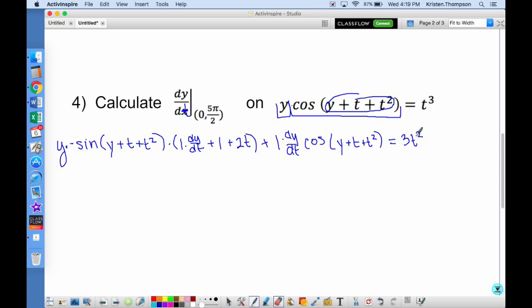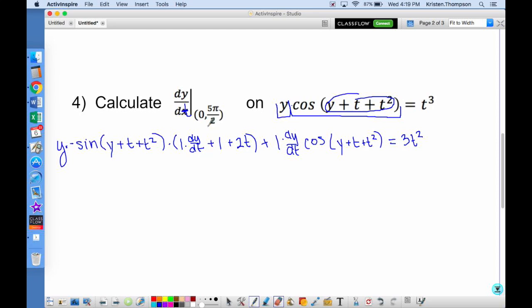At this point, you can take the dy dt's and isolate them. What you would actually need to do is take the negative y sine of y plus t squared and distribute it to each of these individualized terms inside the parentheses before you can actually separate your dy dt terms and your non-dy dt terms.